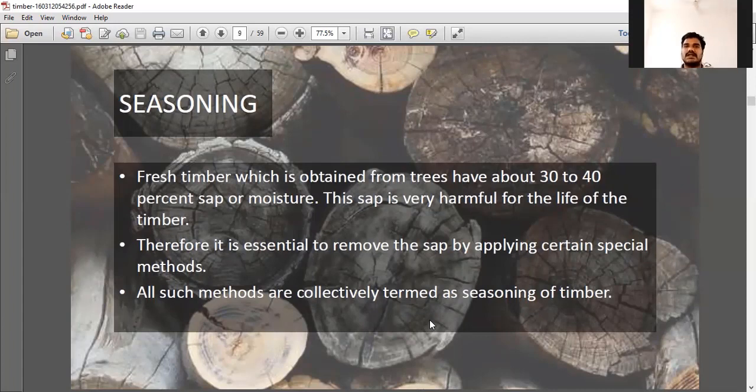Seasoning means the fresh timber has 32% sap or moisture, and the sap is very harmful for the life of the timber. Okay, once you dry it in the sunlight, that moisture will go away. So you can imagine the just cut wood will be very heavy. After it becomes dried, it will be very light, right?